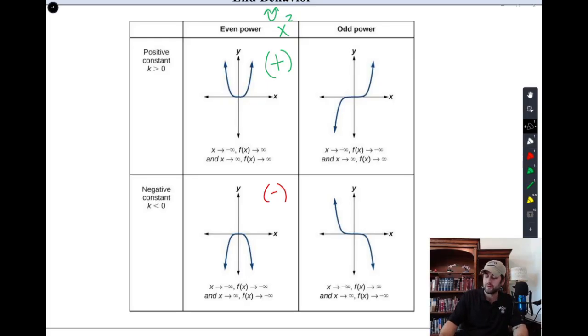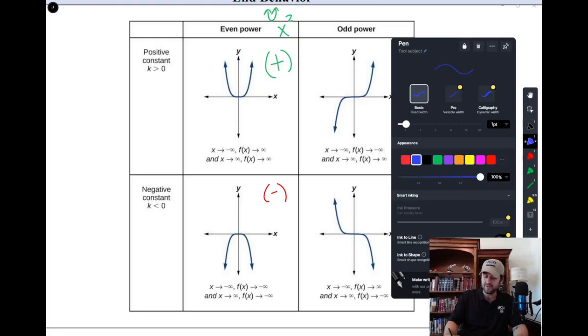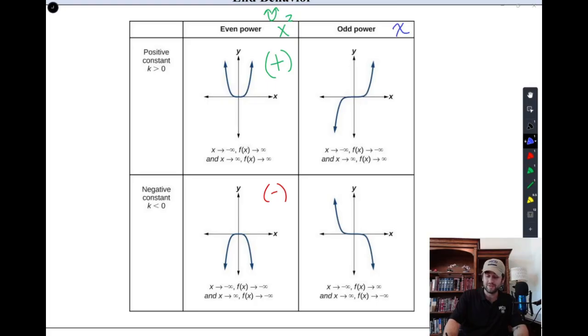And then you've got odd powers. Think of the most basic odd function there is. I would call that like y equals x. Y equals x looks like a line. The end behaviors, the things that happen on the far left and far right, are doing something opposite. And if you look at these two end behaviors, we've got, again, a positive version and a negative version.